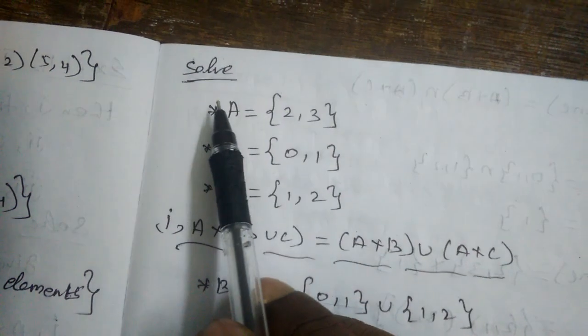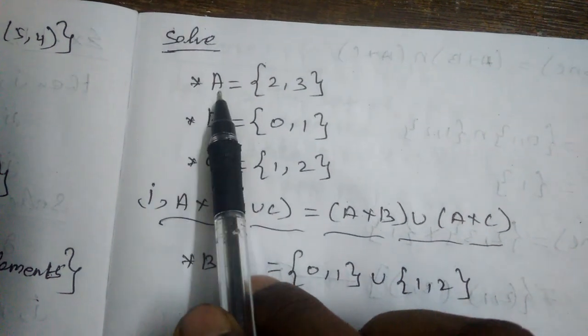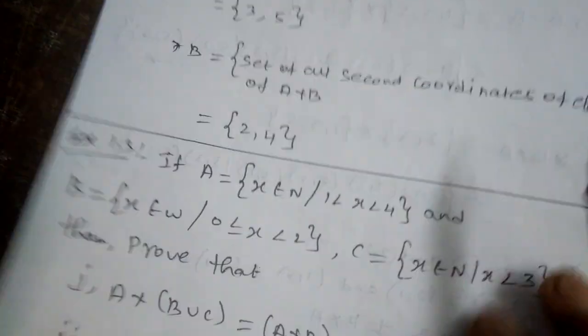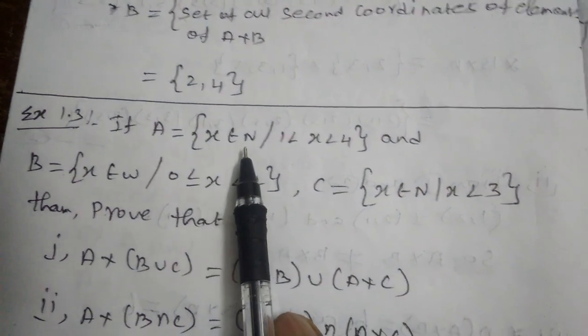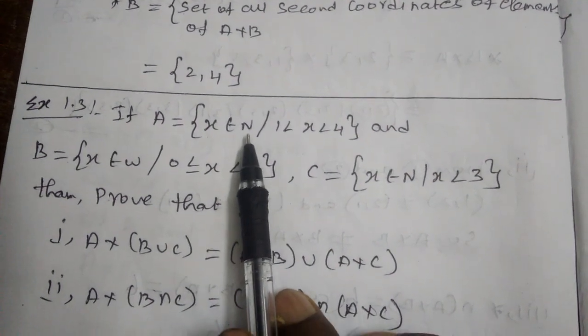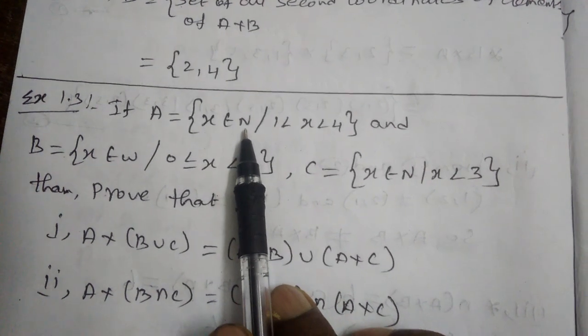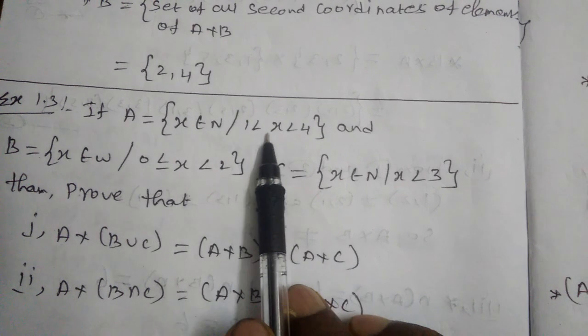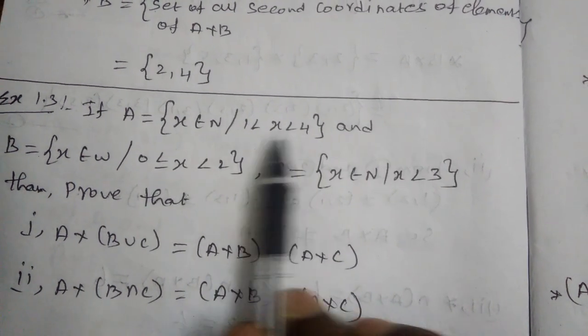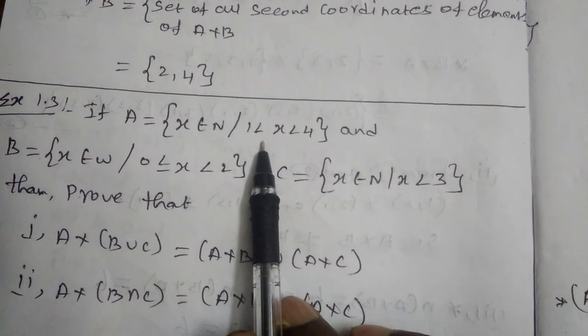First we go to A. Find A. A is equal to x belongs to N, where N means natural numbers, and it lies between 1 and 4. What are the numbers between 1 and 4? 2, 3.